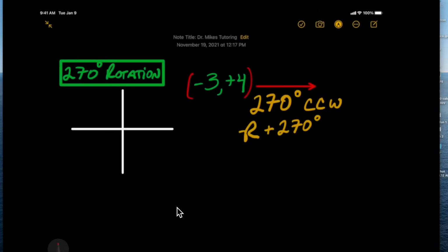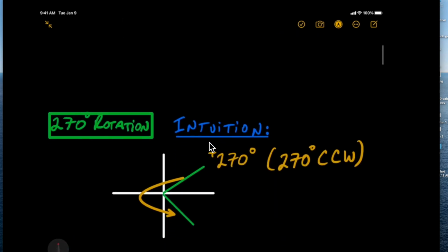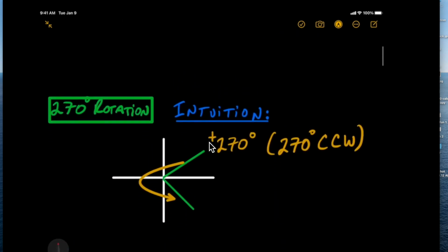Let's now look at the 270-degree rotation, and let's look at how to rotate this point, -3, +4, 270 degrees counterclockwise, which recall is positive in the convention. So let's first look at the intuition of a 270-degree rotation.